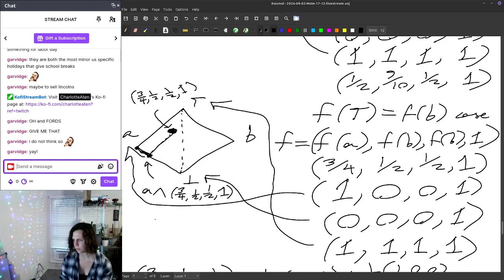Okay, so that point is 3/4, 0, 0, 1, and as you can see in each of the coordinates, 0 is less than 1/2, 0 is less than 1/2, and similarly, A is like 1, 0, 0, so 3/4 is less than 1, 0 is less than or equal to 0, and so forth.